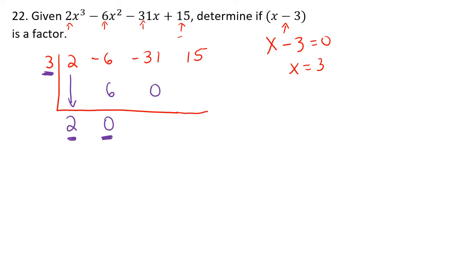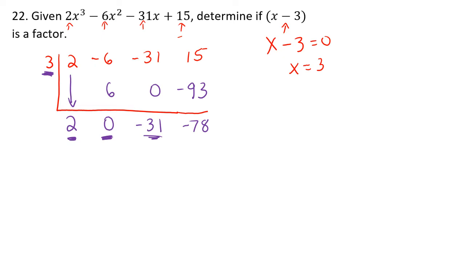Now, negative 31 plus 0 is negative 31. Then positive 3 times negative 31 is negative 93. Well, 15 minus 93 is negative 78. So now I've run out of numbers in my L, so I stop.